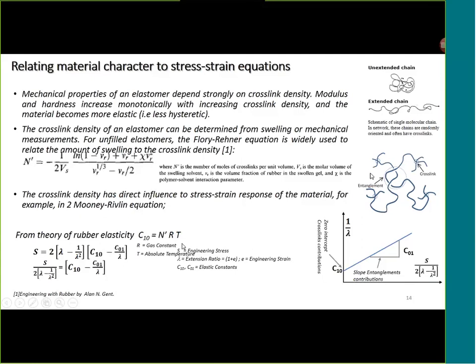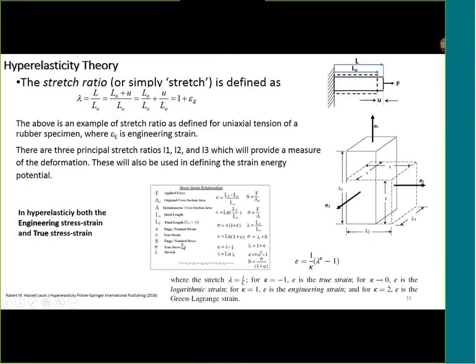So these equations will become clear as we move on. Let's start with some basic terminologies that we commonly use in hyperelasticity theory.